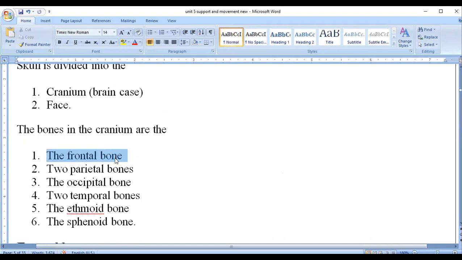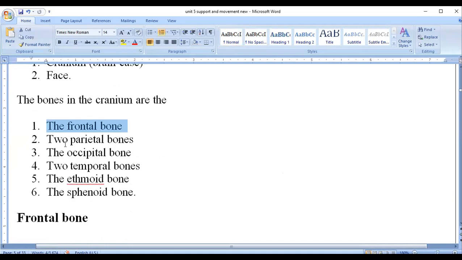What are the bones? Frontal bone, two parietal bones, the occipital bone, two temporal bones, the ethmoid bone, the sphenoid bone. Here the frontal bone is given in singular.